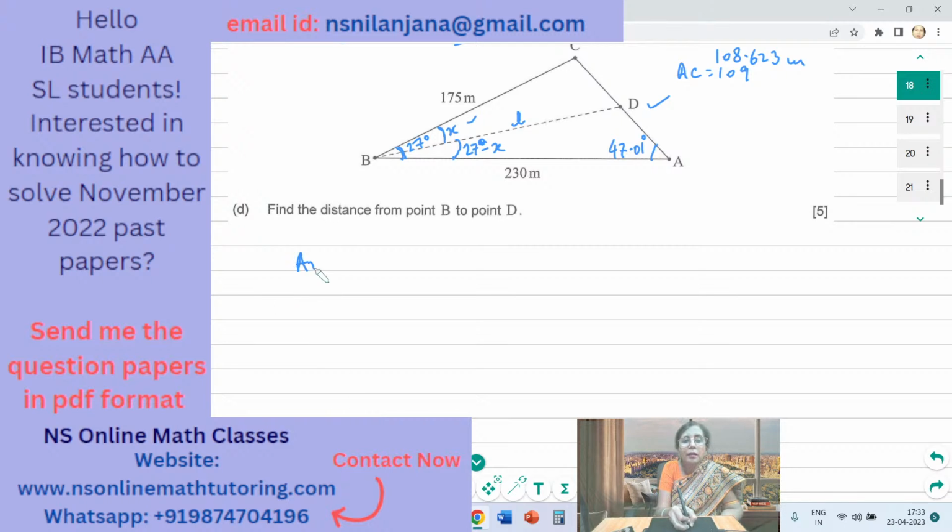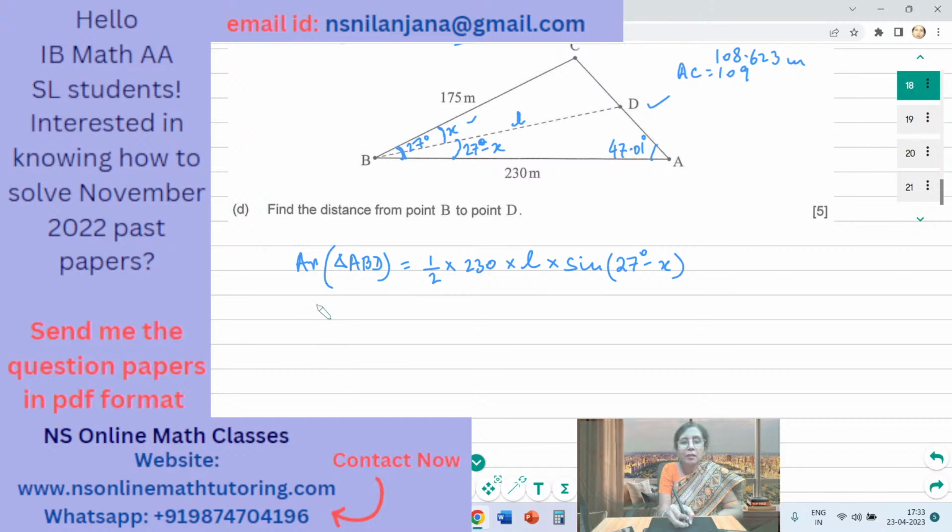So area of triangle ABD should be equal to half times AB, so it is 230, times BD, which is L, times sine 27 degrees minus x.